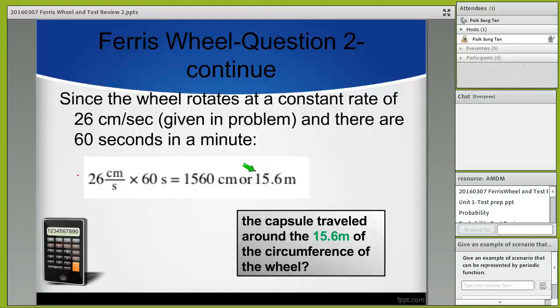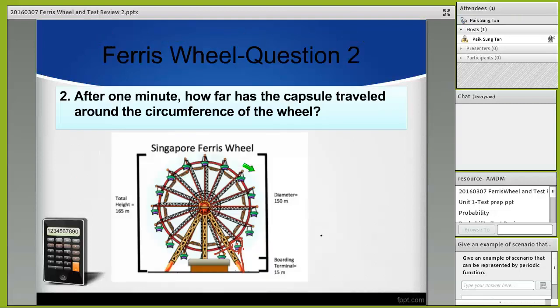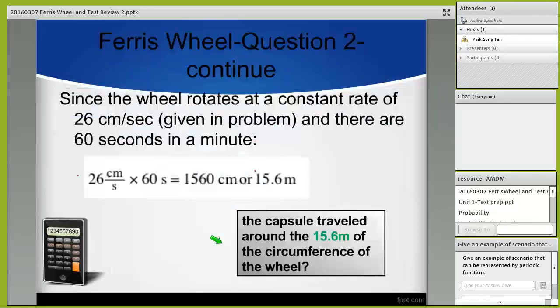Since we want to calculate 1 minute, how far the capsule has traveled in 1 minute, we want to know how far it has traveled around the circumference. We know that the speed is 26 centimeters per second. So using that information multiplied by 60 seconds, we know it has traveled 1,560 centimeters.